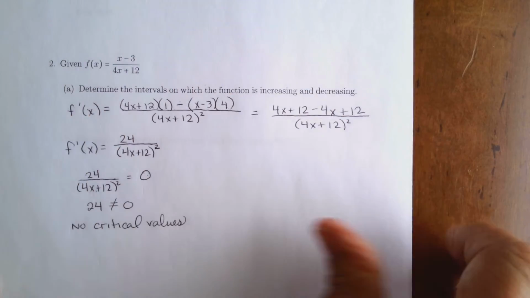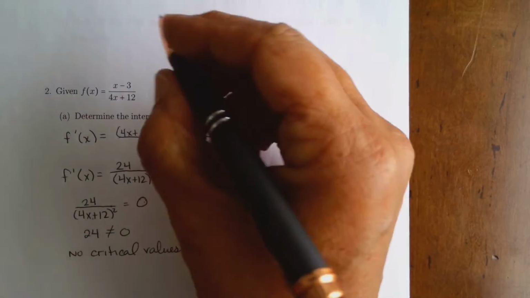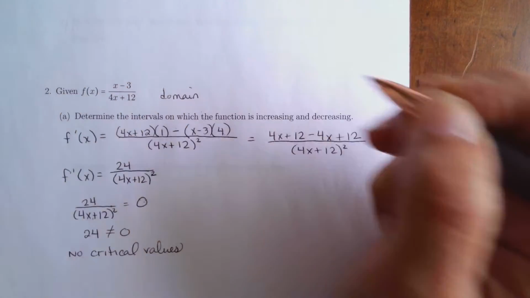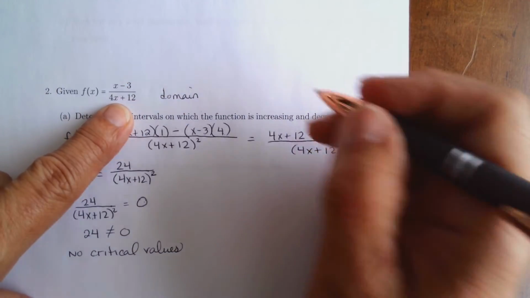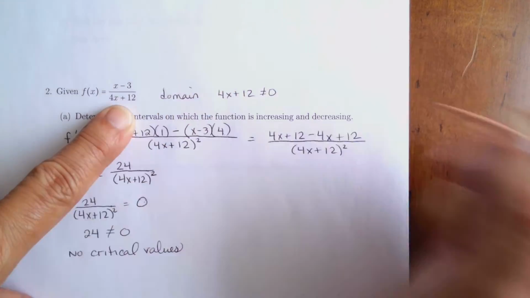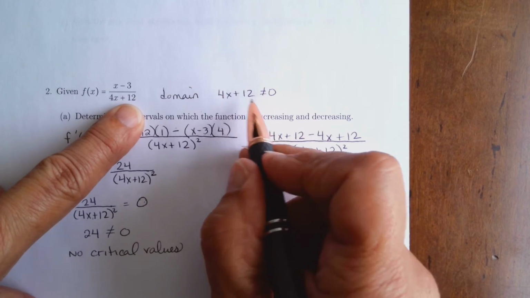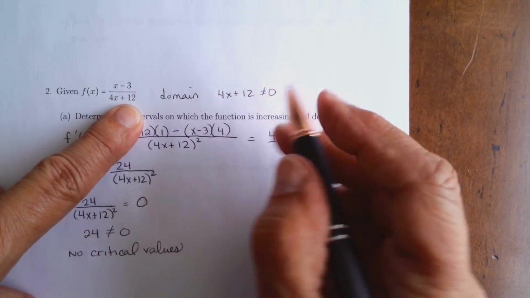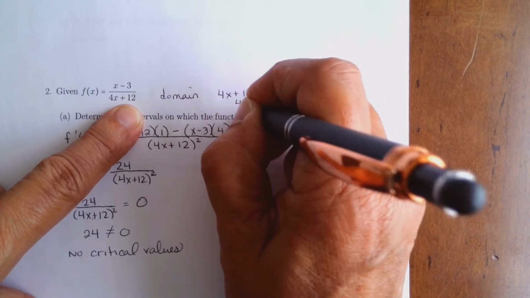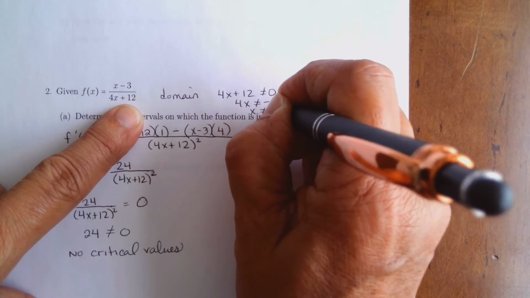However, let's go back and talk about this function and talk about the domain. Remember, in a rational function, the denominator cannot equal 0. If I solve this for x, if 4x can't equal negative 12, then x cannot equal negative 3.